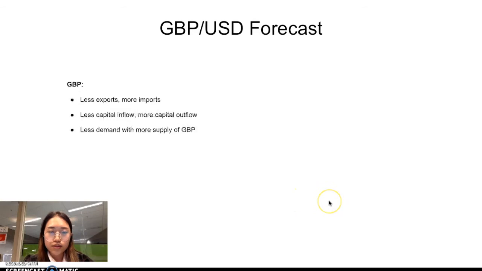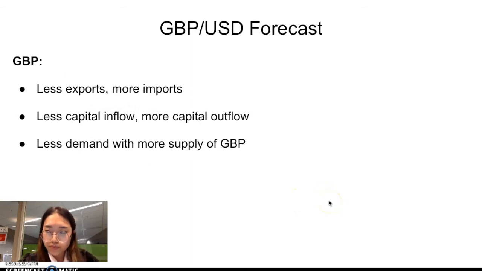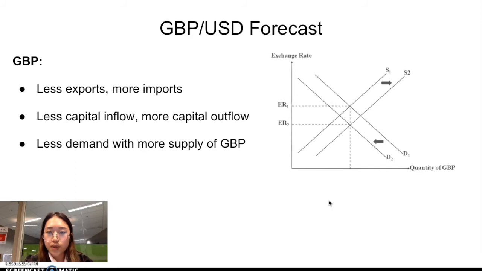However, the net influence of growth rate and expectation could be complicated. In order to forecast more accurately, the demand and supply approach is significant. For GBP, with higher inflation but lower interest and growth rate compared to the United States, the United Kingdom will have less demand for exports and more demand for imports, less capital inflow and more capital outflow.